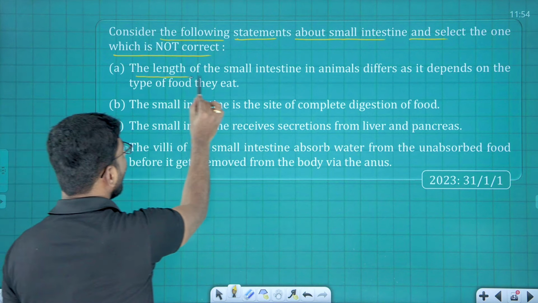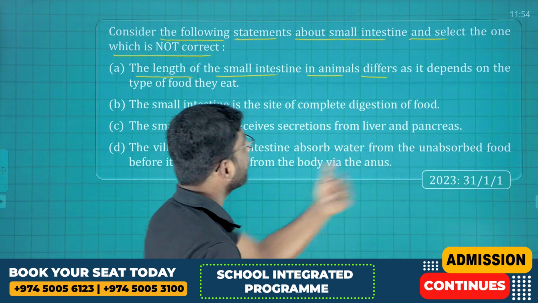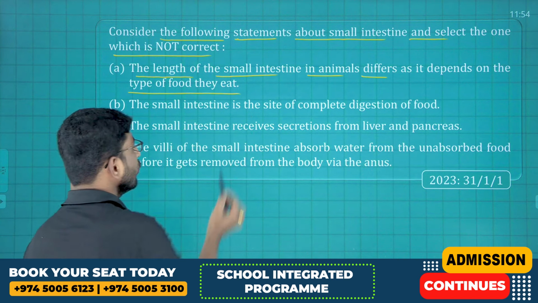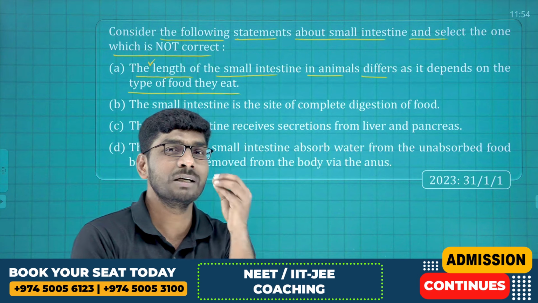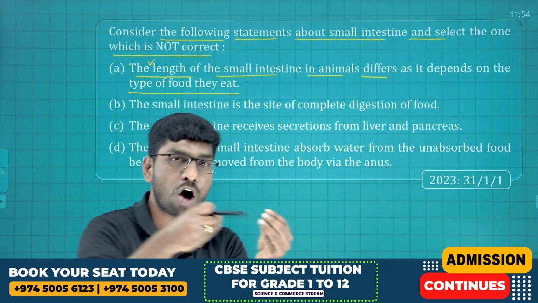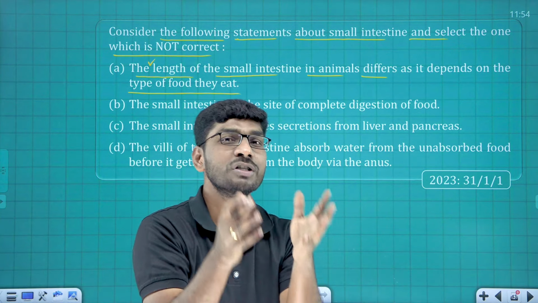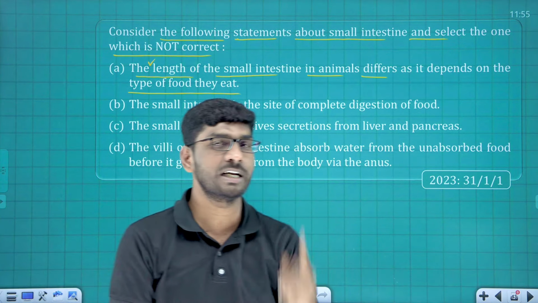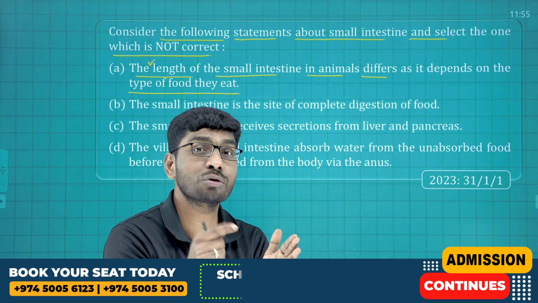Now, the length of the small intestine in animals differs as it depends on the type of food they eat. Absolutely correct. We have already discussed the intestinal length is very high and highly coiled if that organism is a herbivore, because cellulose is difficult to digest. When it is a carnivore, it is shorter and less coiled, we discussed.